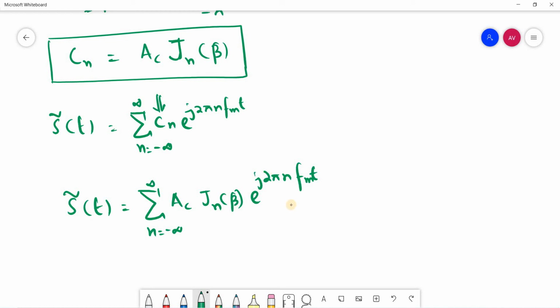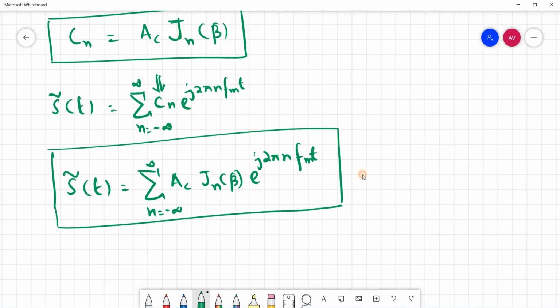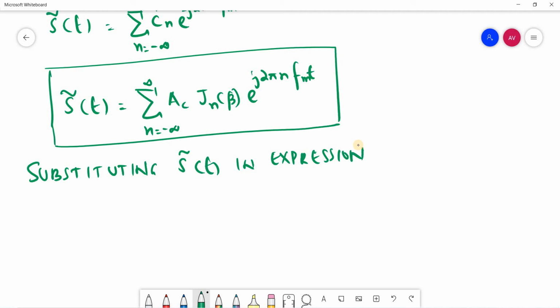So now we do have this s tilde of t. Now if you substitute this s tilde of t in equation number 1, so if you remember, equation number 1 was that of s of t. So now substituting s tilde of t in the expression of s of t.